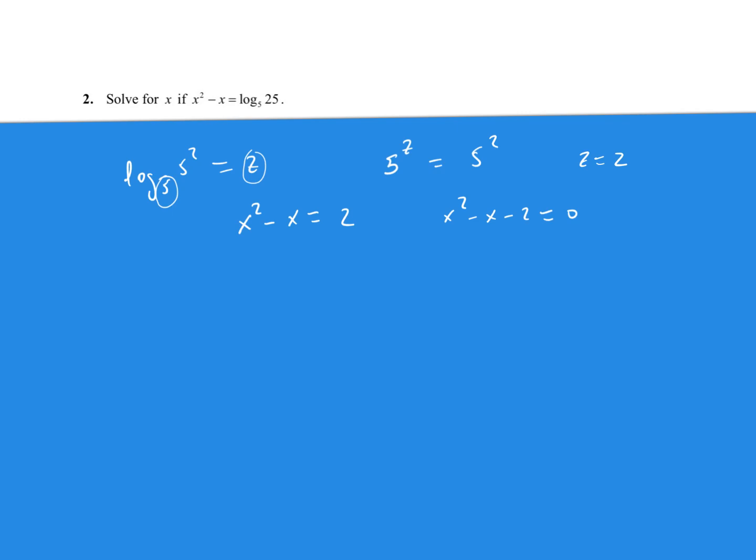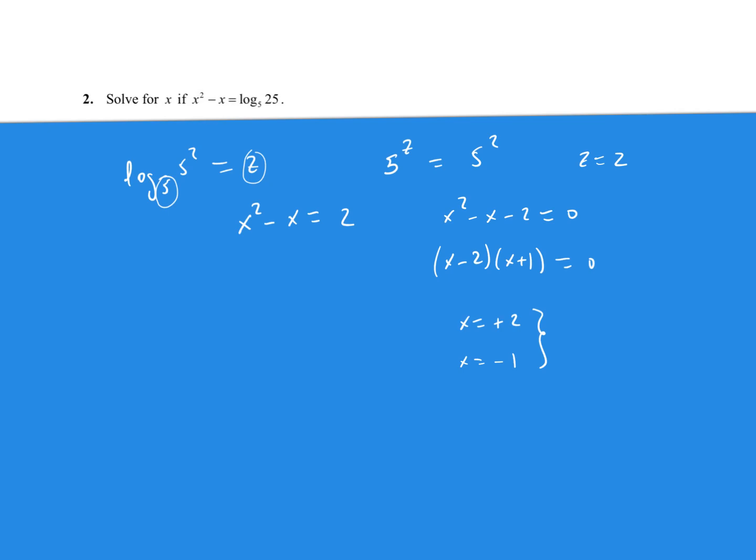I may factor this expression like x minus 2 by x plus 1 equals 0. This is the factorization of this expression. So x equal plus 2 and x equal minus 1 are the solutions.